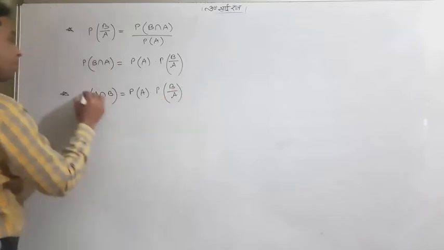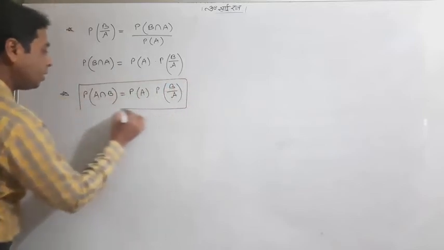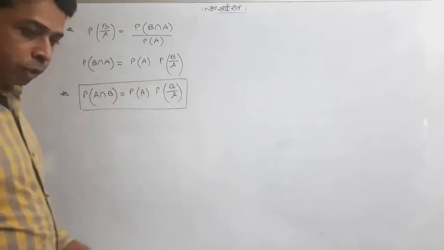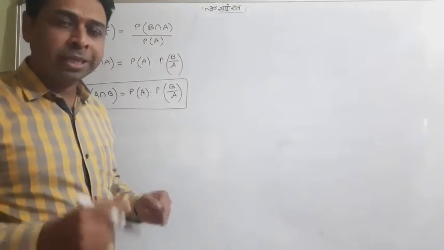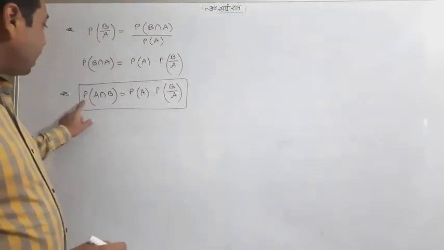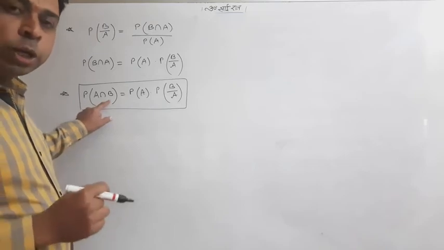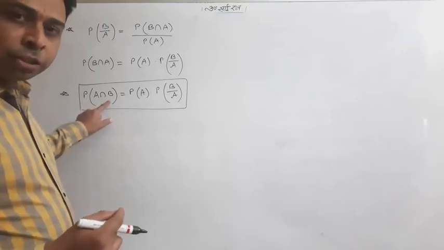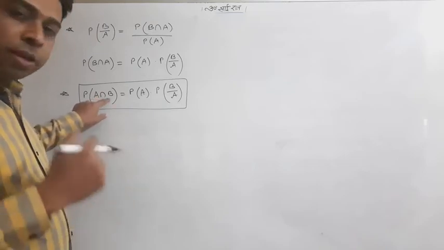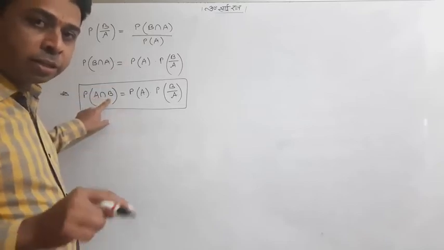Now this is a very important formula, you have seen it. Initially it looks tough, but it is not so. You have to try to understand the meaning of that. P of A intersection B, try to understand it with language. A and B intersection always follows "and".